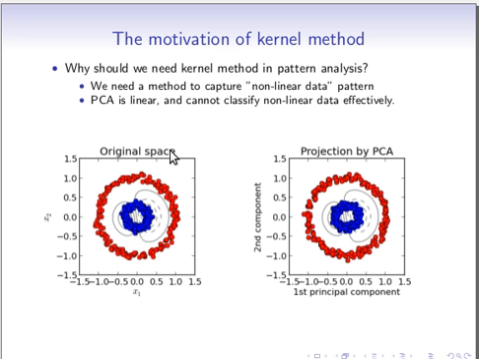After performing PCA, we find in the right figure that PCA cannot separate the nonlinear data very well because PCA cannot find a linear separation in the 2D space with two data classes. So this is the reason why we want to add the kernel method into PCA, because it can help us to classify the nonlinear data better.